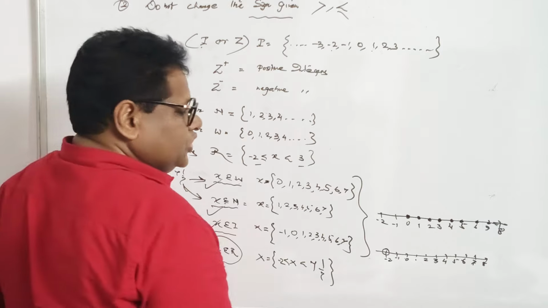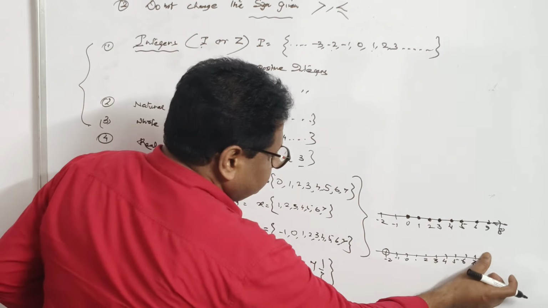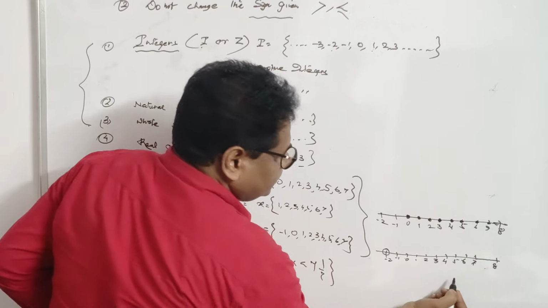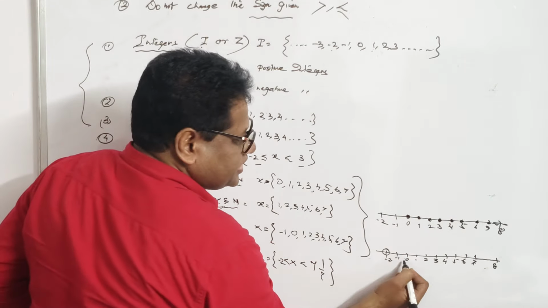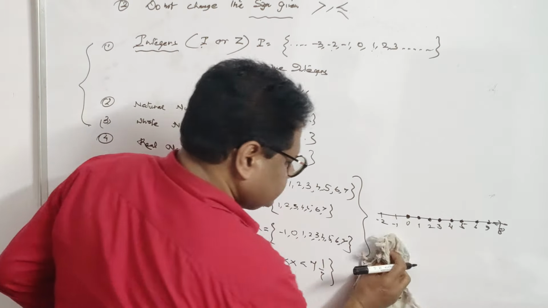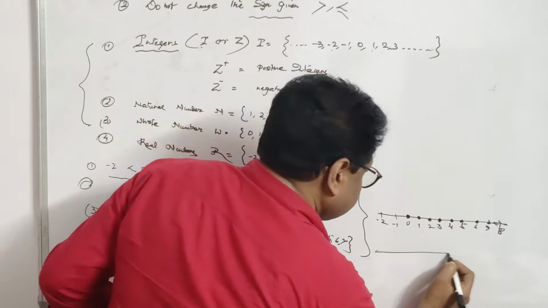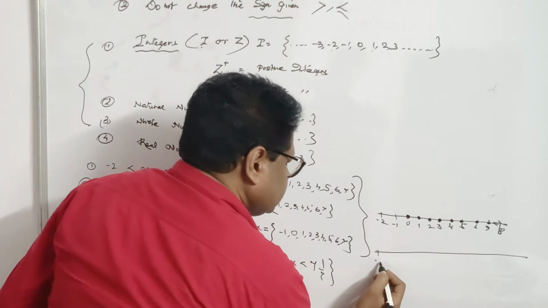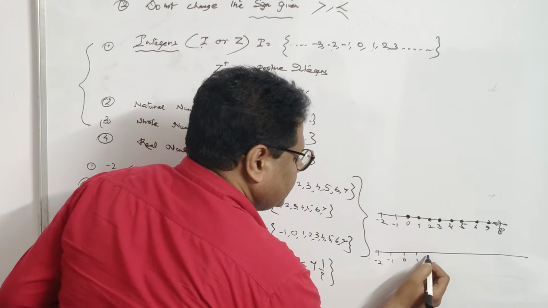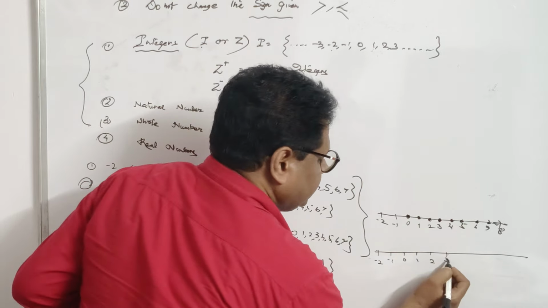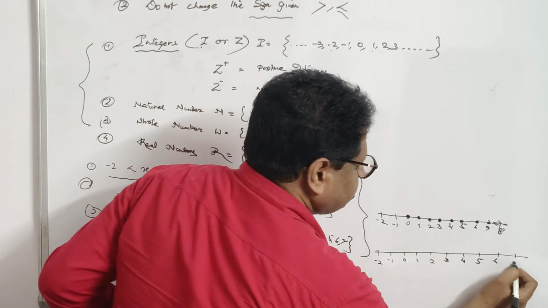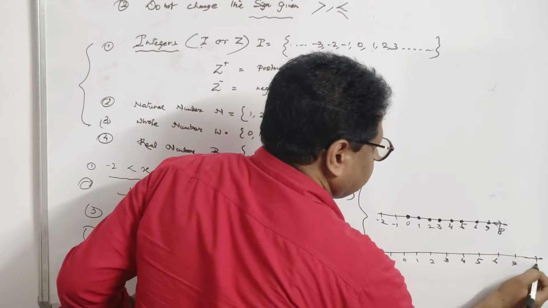Now here, you have to do one thing. See, between 7 and 8, you leave the gaps same as this, only for this question I am saying. Suppose this is minus 2, minus 1, 0, 1, 2, 3, 4, 5, 6, 7, 8.